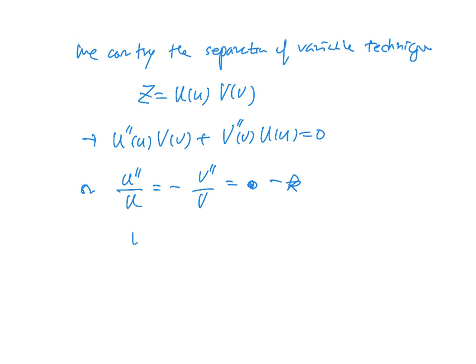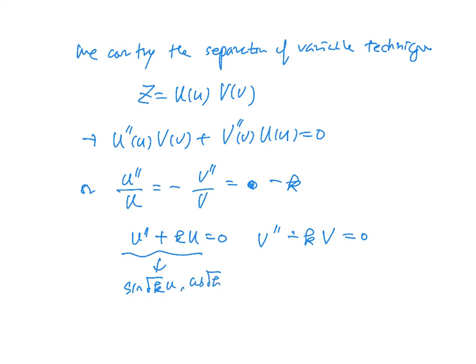So u double prime plus k u is equal to 0, v double prime minus k v is equal to 0. So u can be cosine root 2k u, v is exponential root 2k v, exponential minus root 2k v.